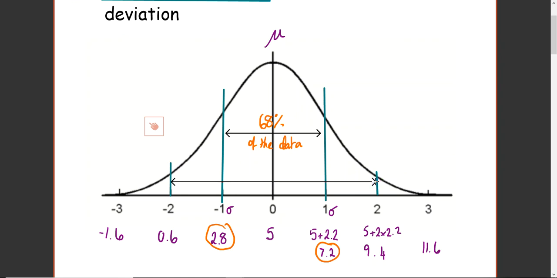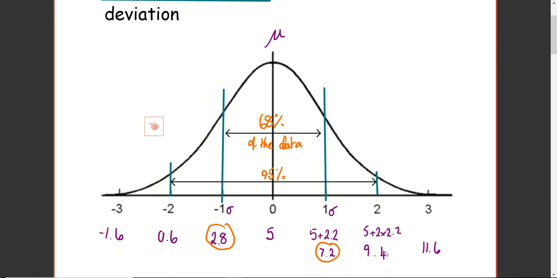You can see that I would expect 95% of my data should fall within 2 standard deviations. So most of my data should not be any further than 0.6 and 9.4. Got that? There will be a little bit, right?